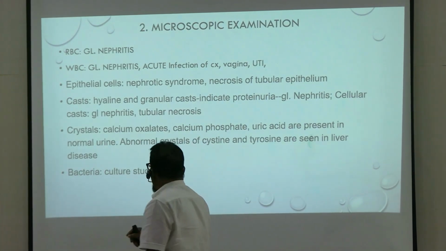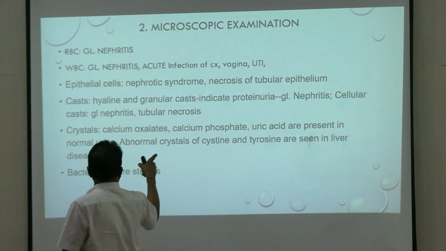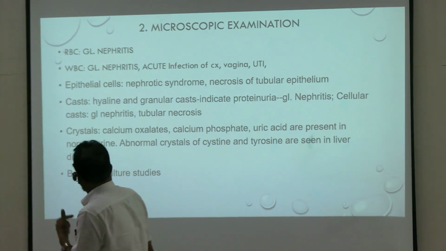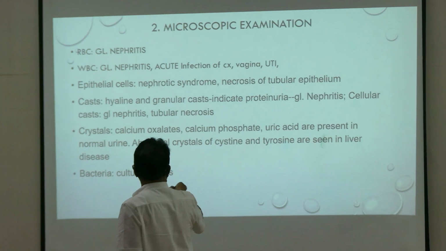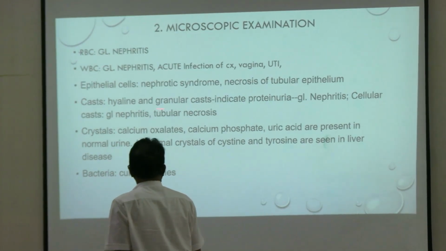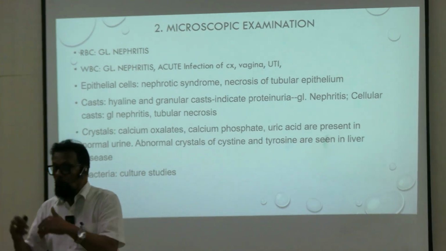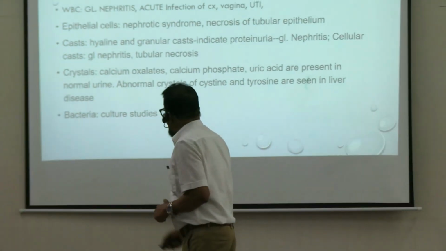The granular types are seen particularly when there is proteinuria. When there is more proteinuria, you will find more granules and more casts.